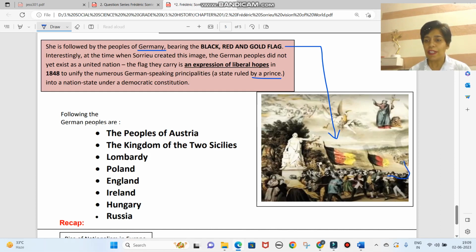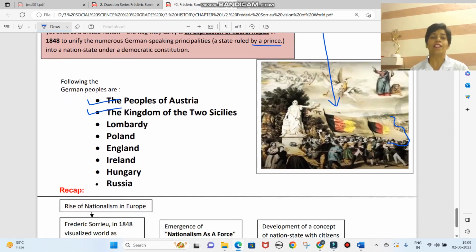After Germany, again there is a long train representing the people of Austria, the Kingdom of the Two Sicilies, Lombardy, Poland, England, Ireland, Hungary, and Russia.